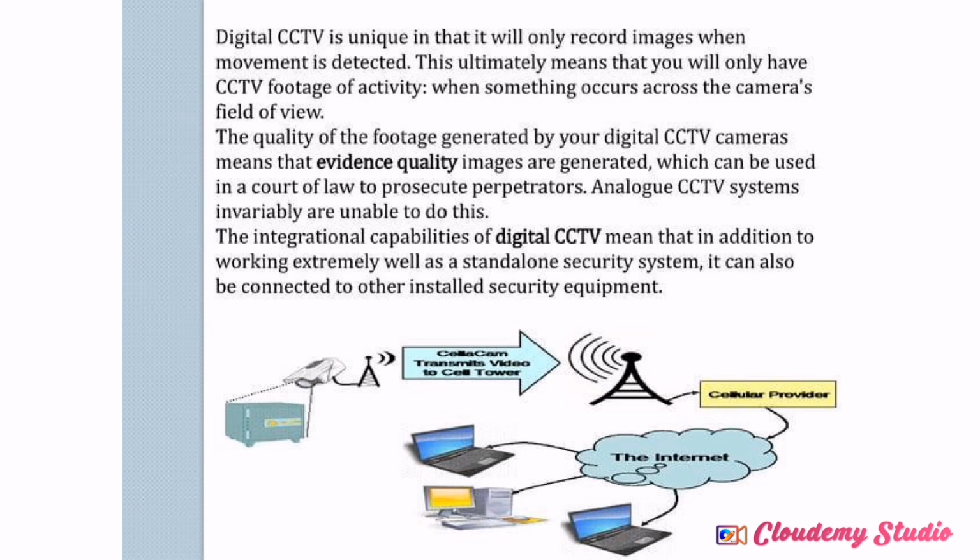What are they trying to say here? Okay, let me get this point here. What they're trying to say is that analog CCTV systems invariably are unable to do this, since this type of CCTV is one whereby they only take a picture or videos upon the movement of something that is in motion.